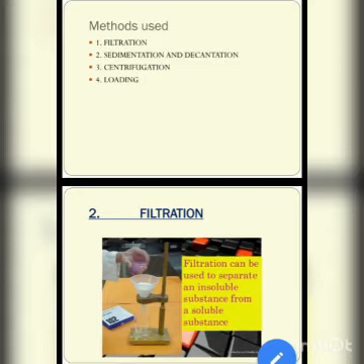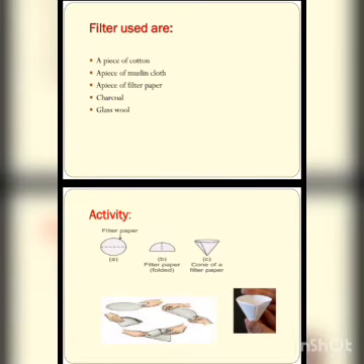Filter paper has small narrow micro pores through which only water can pass, but the impurities or dust particles cannot pass. First we take the filter paper, then we fold it to make a cone, and we use that cone for filtering our material.